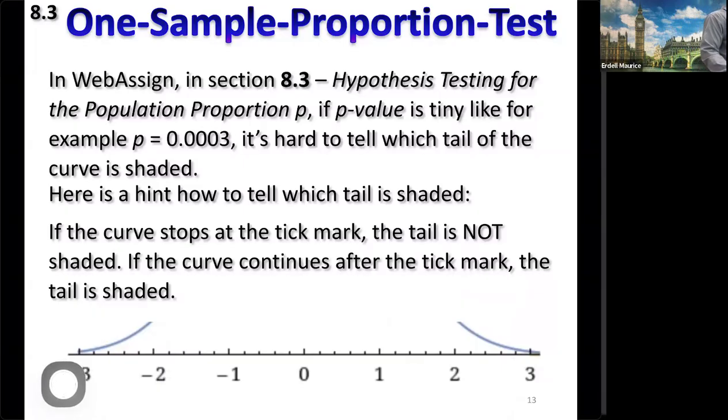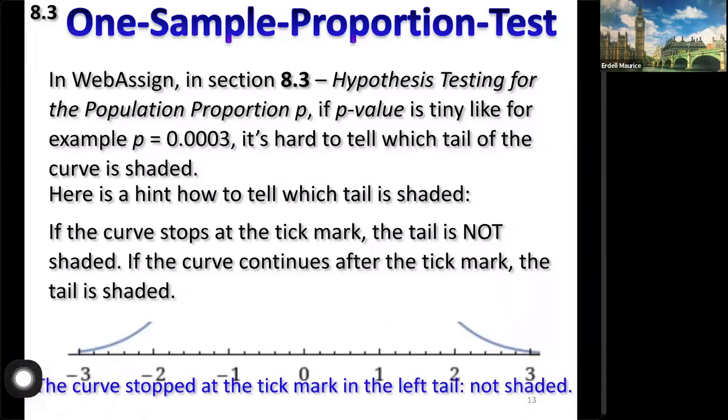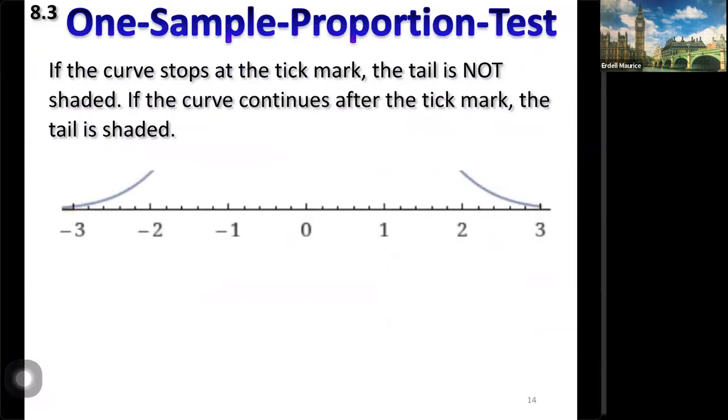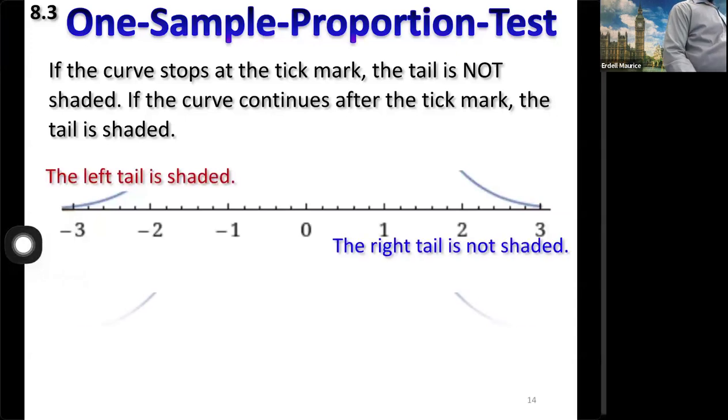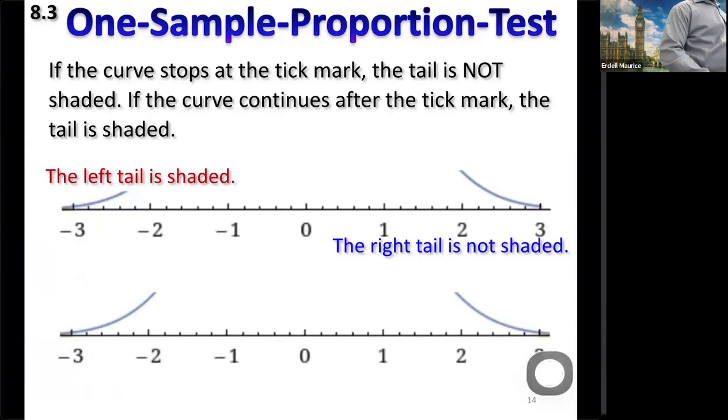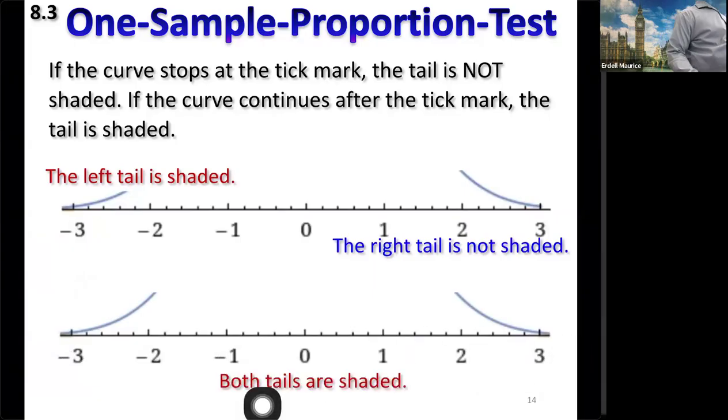Students sometimes complain that all four problems look exactly the same. Well, it's the last edge you look for. This side is shaded, this side is not shaded. Again, it's the reverse: this side over here is shaded. And of course, if both of them extend out, then both sides are shaded. Questions there?